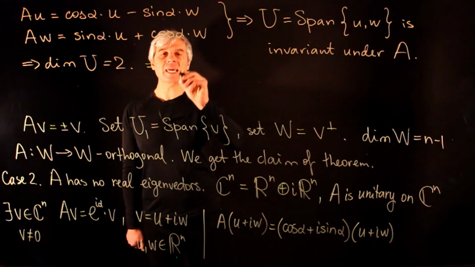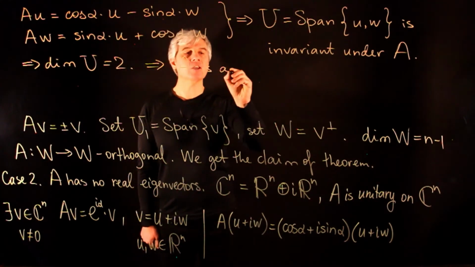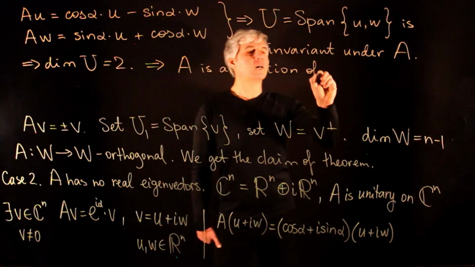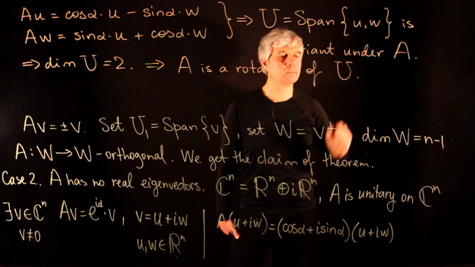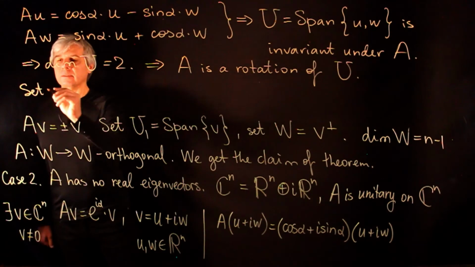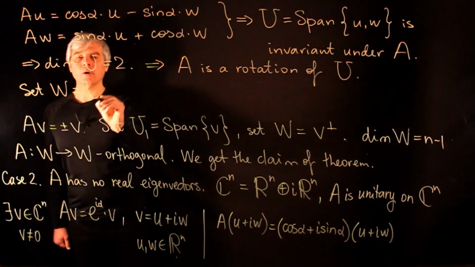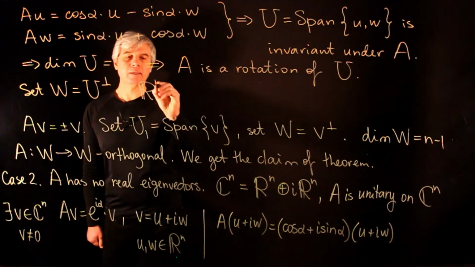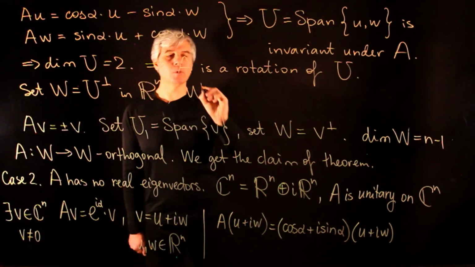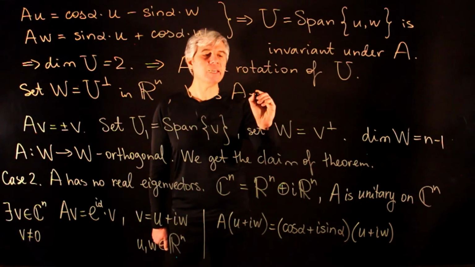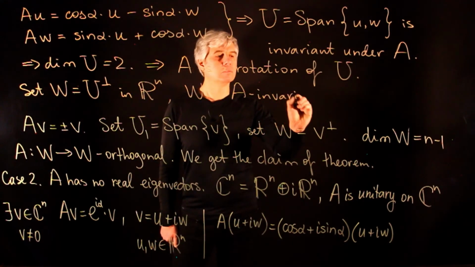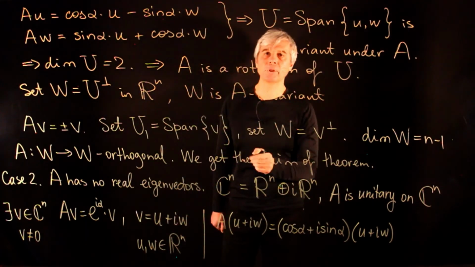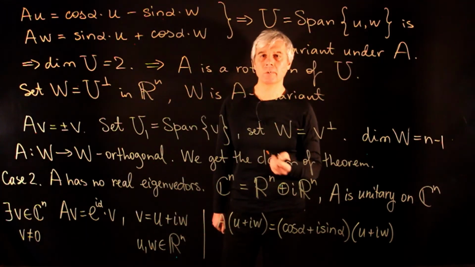So this means that A is a rotation of this two-dimensional plane. And then we set W to be an orthogonal complement of this plane in Rn, and W is A invariant. And applying the induction assumption to the subspace W, we obtain the claim of our theorem.